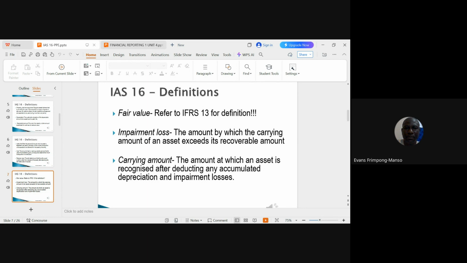So the amount at which an asset is recognized after deducting any accumulated depreciation and impairment losses is termed as the carrying amount of the asset.